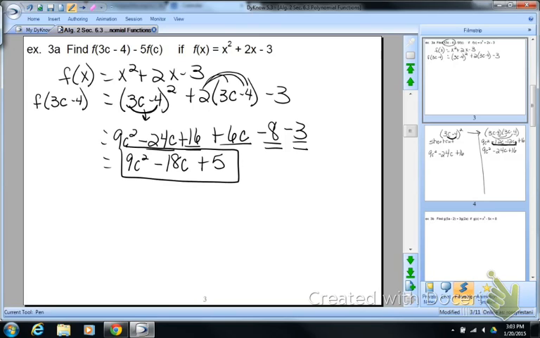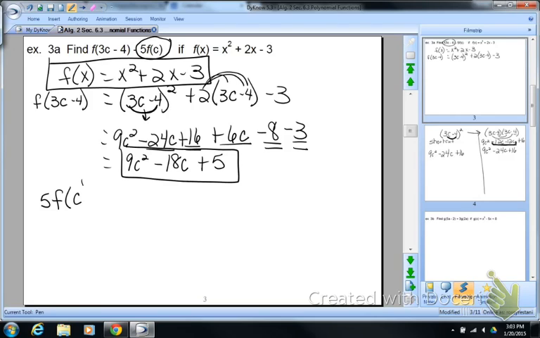Part 2 is I am going to multiply 5 times the function of c. Now, I know there's a minus sign out there. I'm going to ignore that minus sign for just a minute. So now, into this function, I have to first multiply a 5, and then wherever I see x, what am I going to plug in for x? A c.